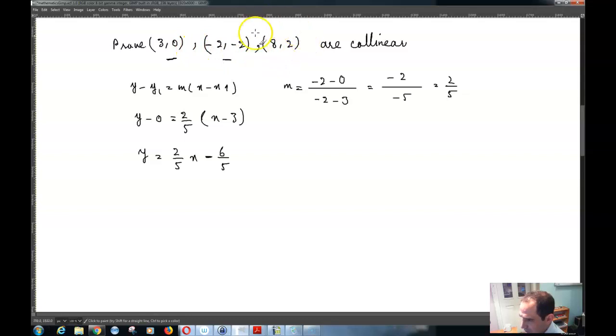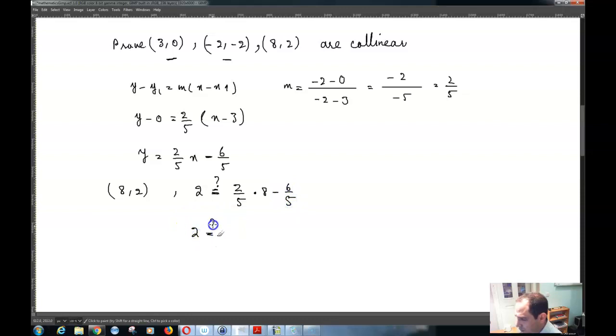Now if this point satisfies this equation, that means that the three points are collinear. So over here, for the point 8, 2, you will get 2 is equal to 2/5 times 8 minus 6/5.